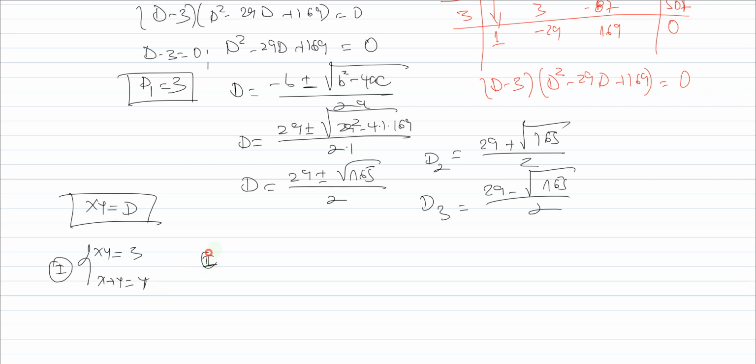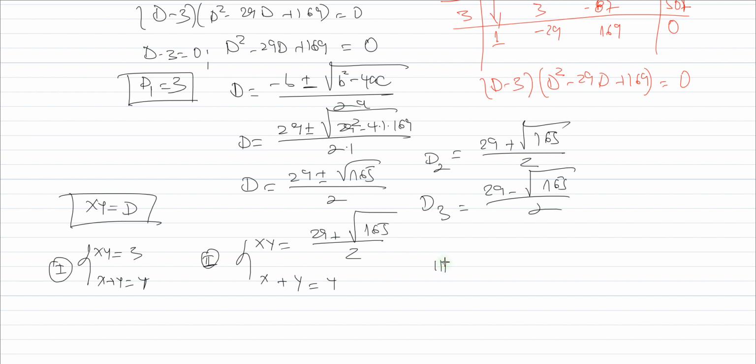Second one, we're going to have x times y equals d2, which is 29 plus the square root of 165 divided by 2, and x plus y is equal to 4.